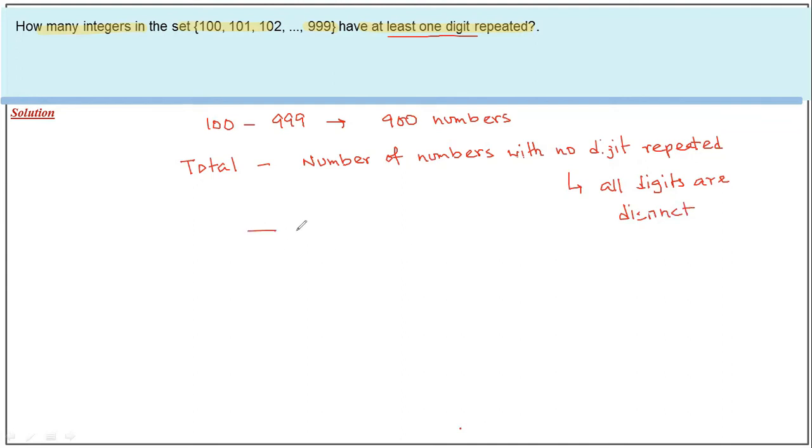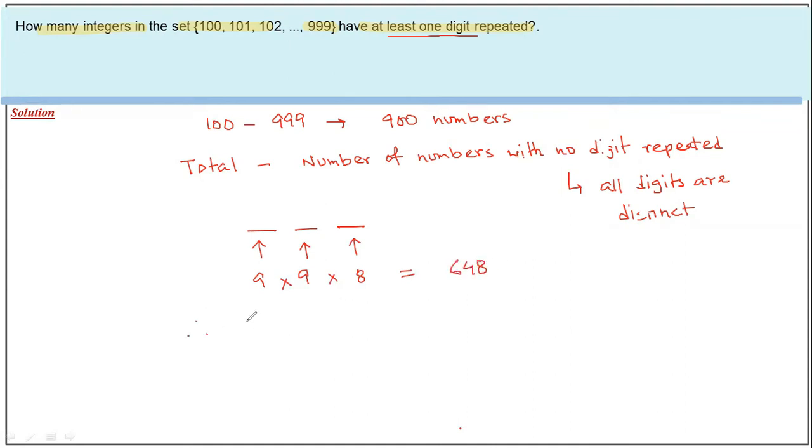So since this is a 3-digit number, now for the first, 100th place, 1 to 9 there are 9 possibilities. Now for the 10th place 0 can be one of the options here, so again 9 possibilities, and for the unit place there are 8 possibilities. So 9 into 9 into 8 is 648.